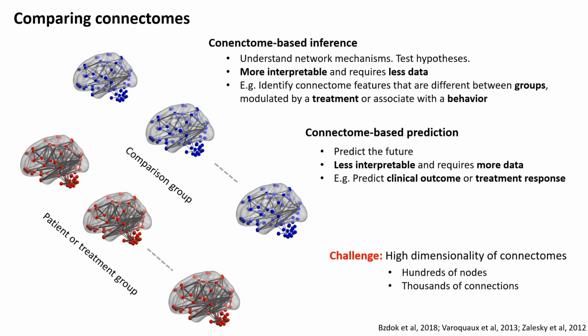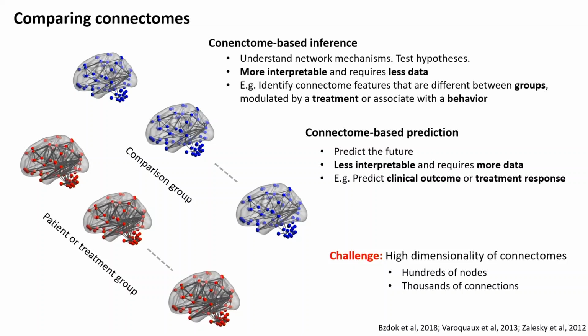We also have a comparison group, and these could be functional connectomes or structural connectomes, using the methods that Rob has already touched on. There are two kinds of approaches that we can take here. One is connectome-based inference. This is where we want to identify particular features of the connectome that differ between the two groups, or that are associated with a behavior, or that are modulated by treatment.